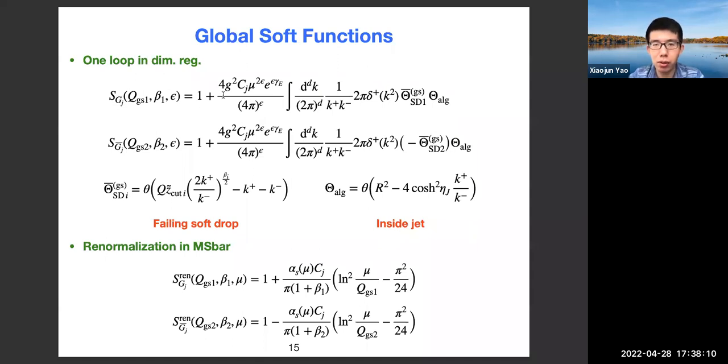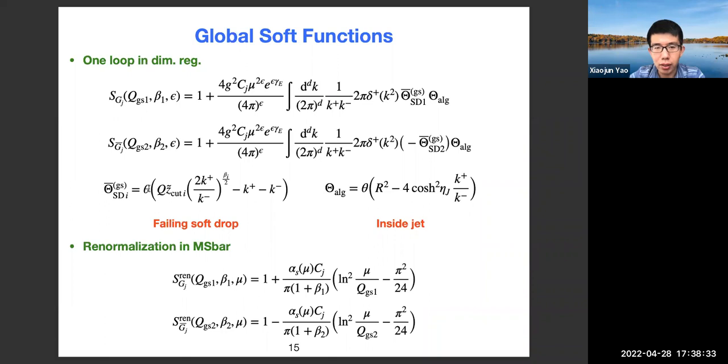For example, for global soft functions, at one loop, it has been calculated. You have the kinematics for one gluon radiation, and you also apply the soft drop criteria and the jet finding algorithm. The jet finding algorithm requires that the radiation, if it contributes in the end, needs to sit inside the jet.